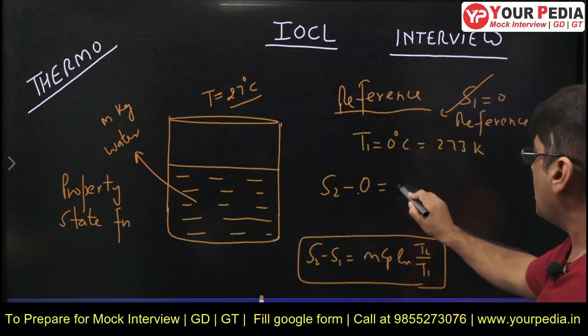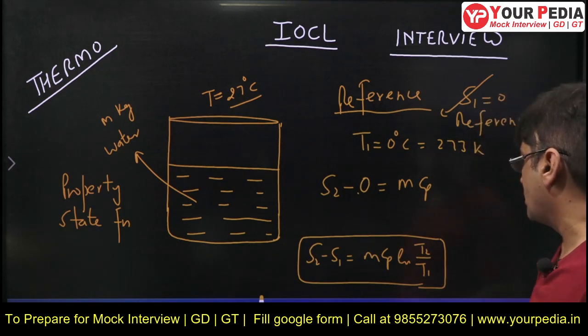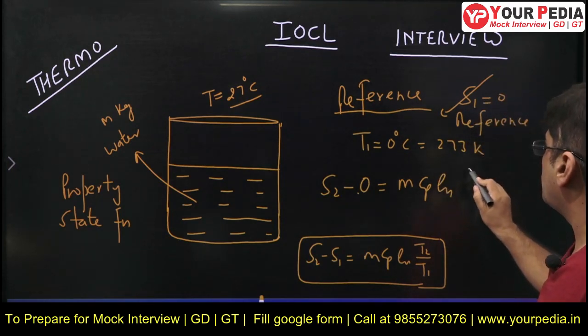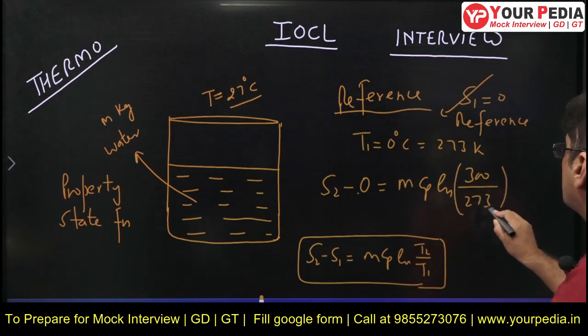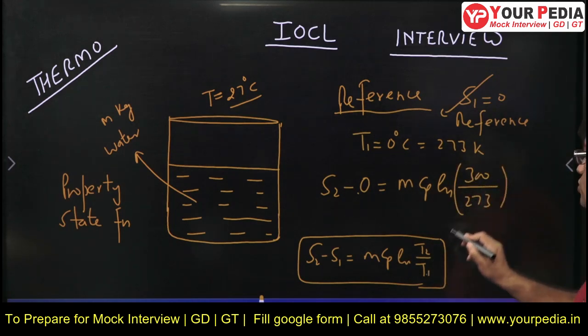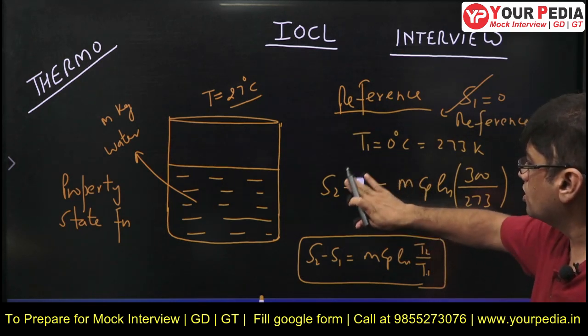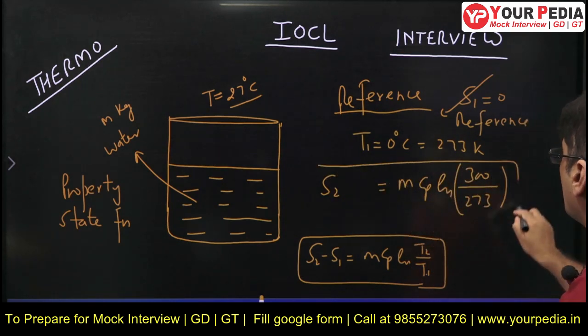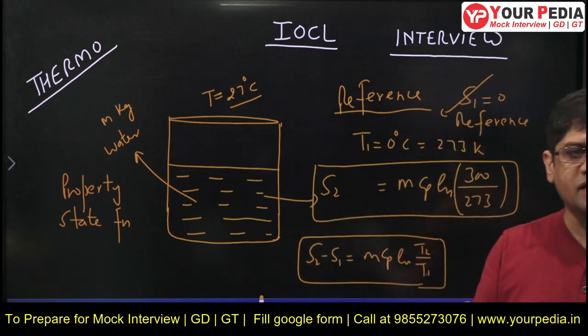So, m is given to me, Cp for water is 4.18 kilojoule per kg Kelvin, and log of T2 by T1: T1 is 273 and T2 is 300. Put these values in Kelvin, and I assume S1 to be 0. That will give me the entropy at that particular state, S2.